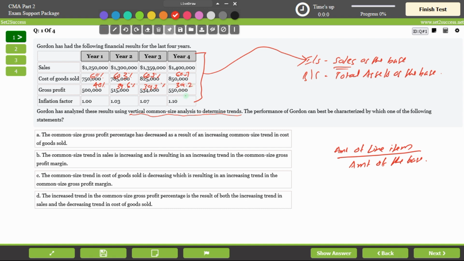That is amount of the line item divided by the amount of base. The amount of base is sales, and gross profit is the line item, so that is 550,000 by 1.4 million sales, so you get 39.2.